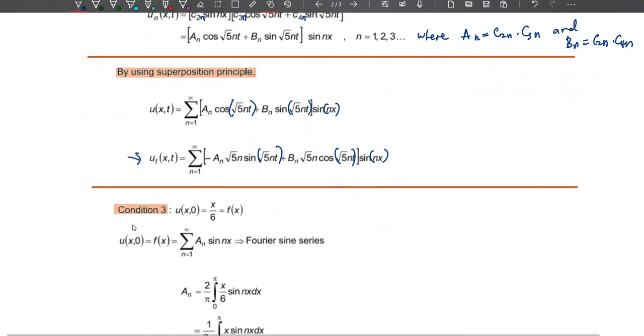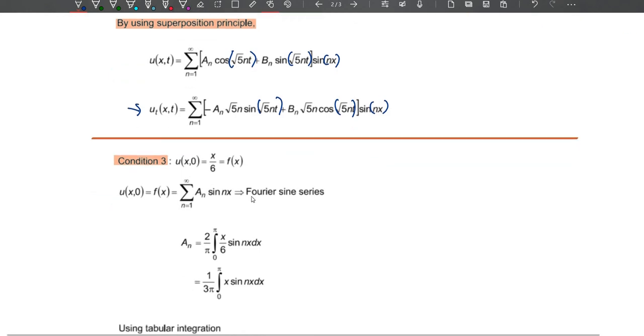Okay, next, the third condition is u(x,0) equal to x over 6, equal to f(x). This is the initial motion. So right now u(x,0) is equal to f(x). That means we have the summation from n equals 1 to infinity of a_n sin(nx). Let me re-explain the reason behind it.